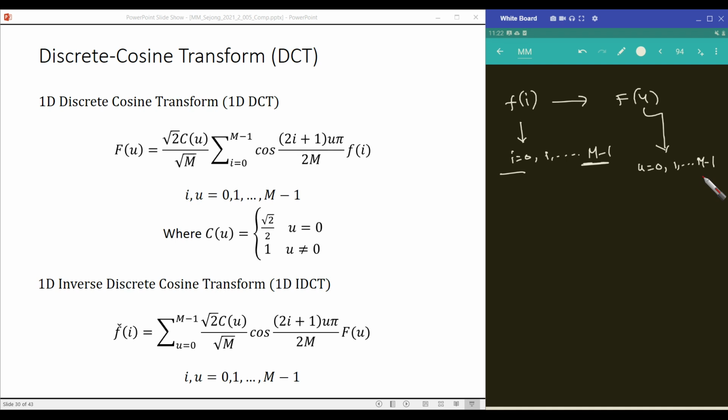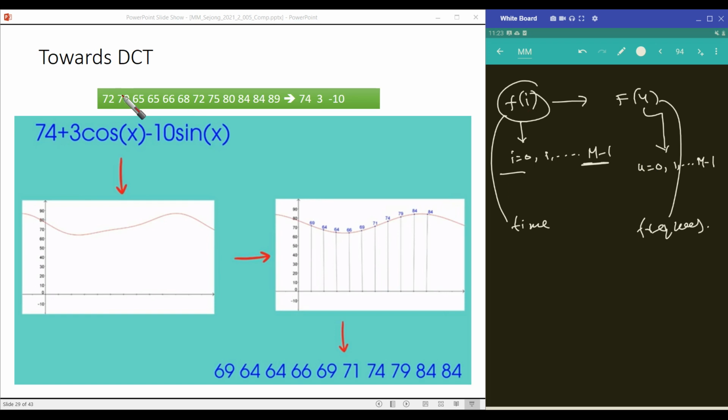Sometimes we say this is the time domain, and this is the frequency domain. In other words, this was our time domain sequence, and this is our frequency domain sequence.